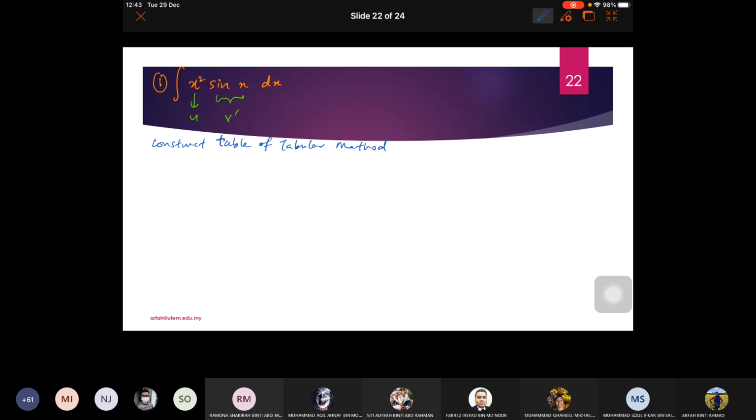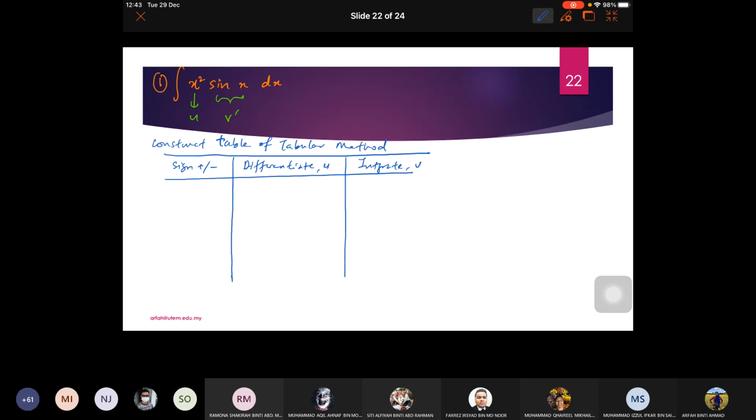So awak akan ada buat dia punya table. We have dia punya sign, plus or minus, and then you have your differentiate untuk awak punya u, and then integrate untuk awak punya v. Okay, so daripada sini differentiate u awak adalah x kuasa 2 dan function yang awak nak integrate adalah sin x.